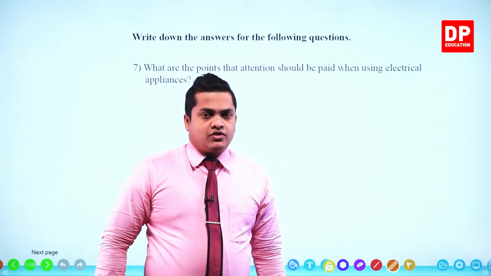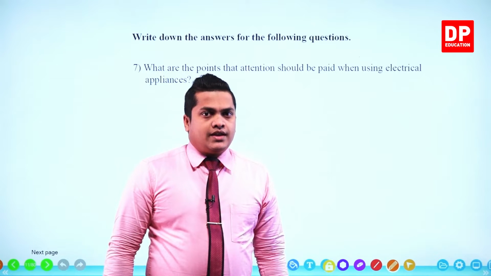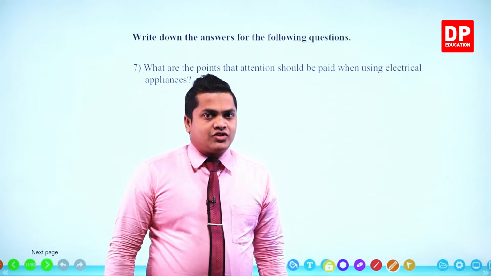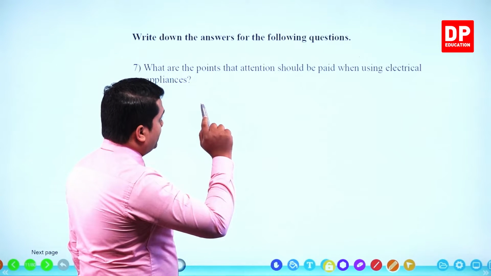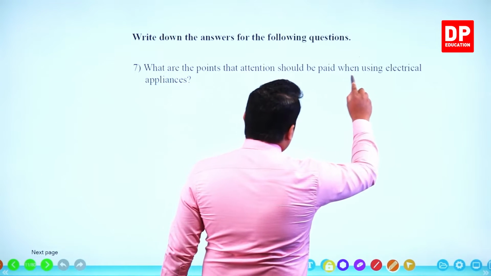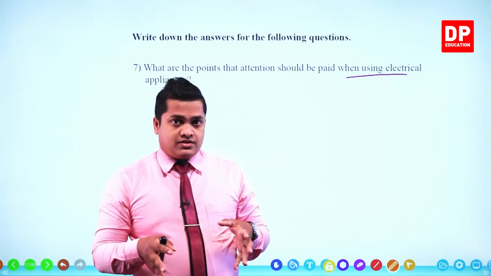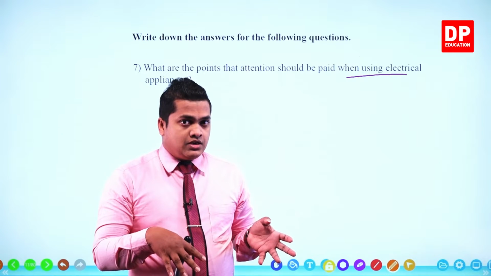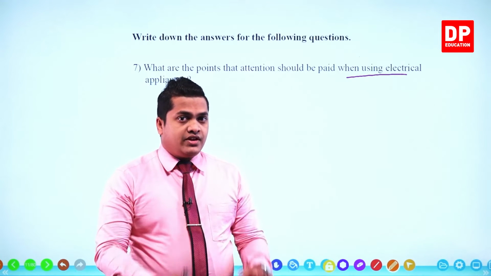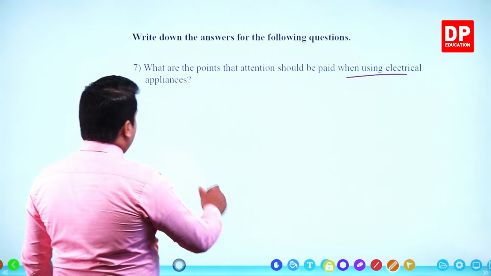When we are using household electrical appliances, what are the points that we need to take into consideration? Using means now we are operating these instruments in our home. So when operating, what are the things that we need to follow? Precautionary things. So I'll write 3 as there are.